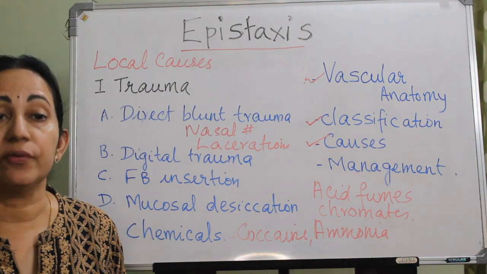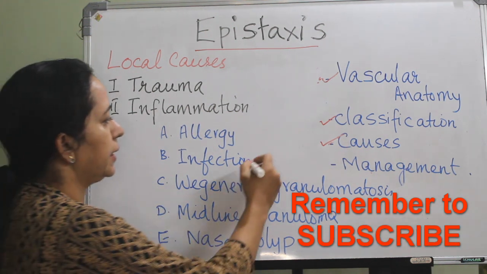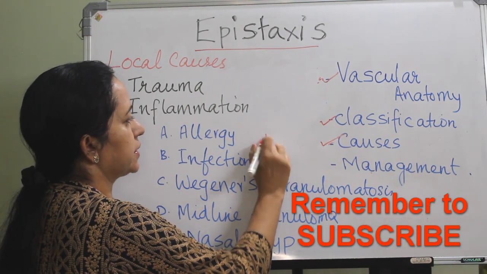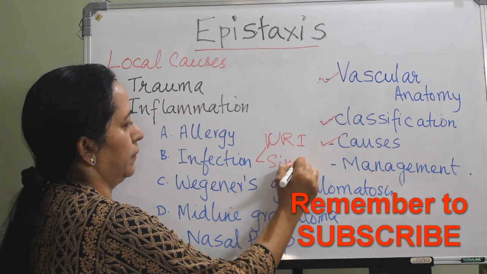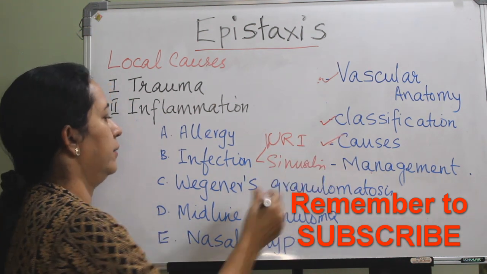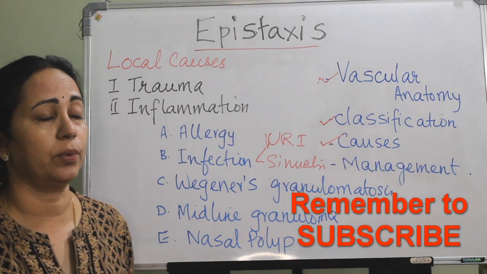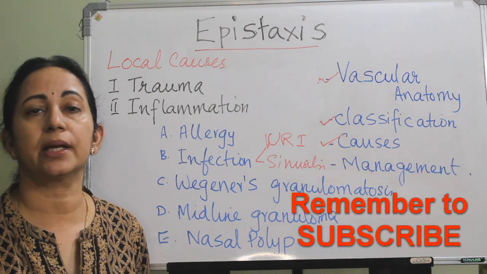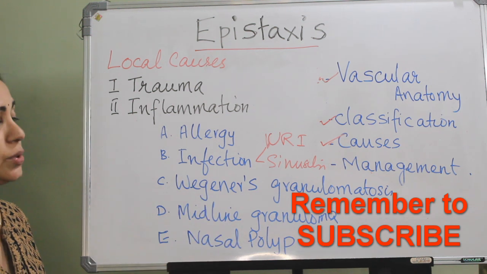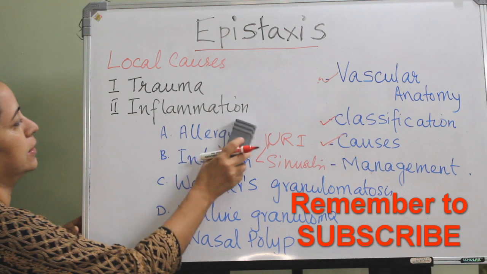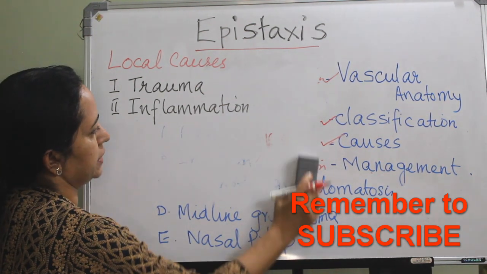The next is inflammation. Inflammation includes allergic rhinitis, then infections, mainly viral upper respiratory infection and also sinusitis, and Wegener's granulomatosis, midline granulomas, and also nasal polyp. There are so many conditions which can be listed under inflammation, but these are the most common causes of epistaxis due to inflammation.